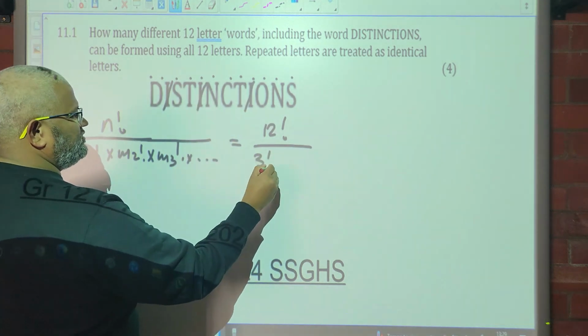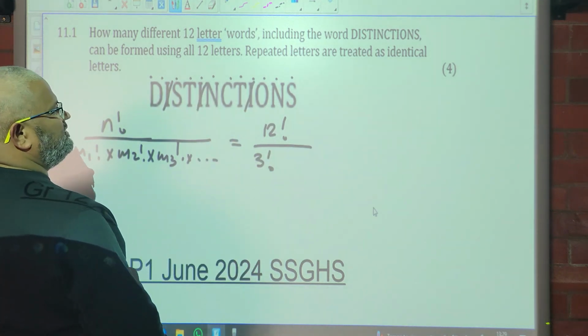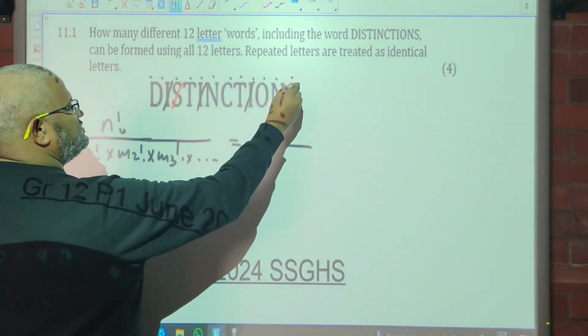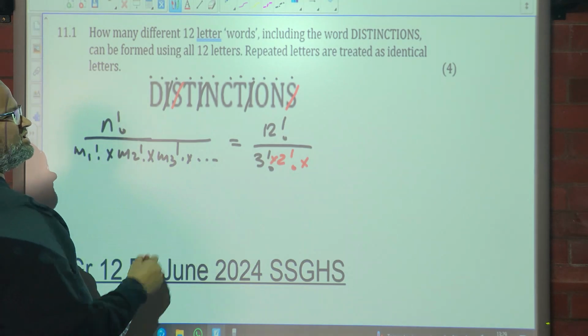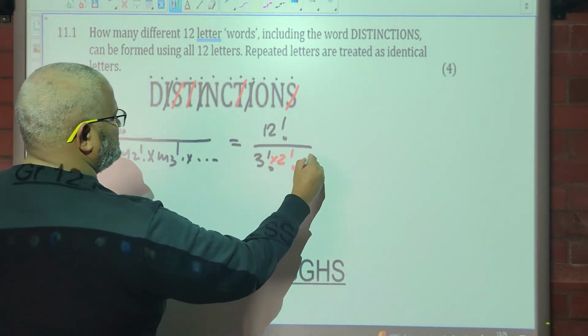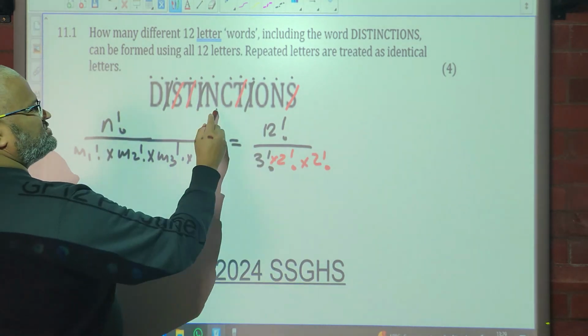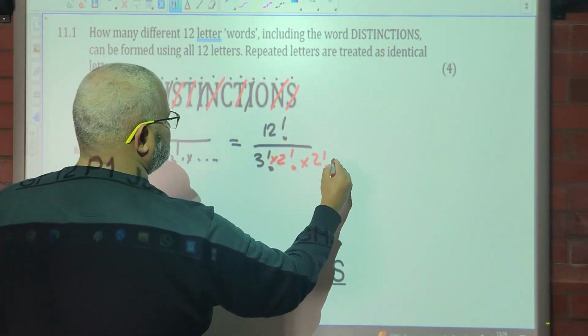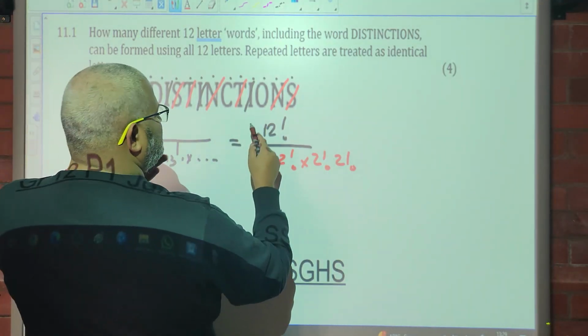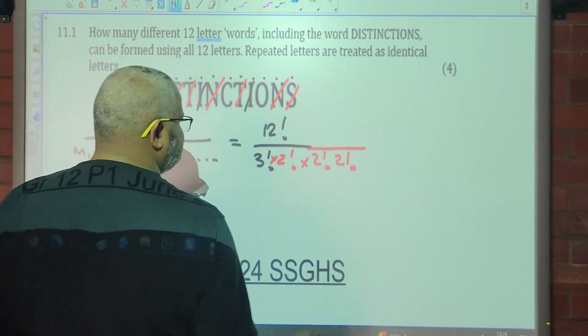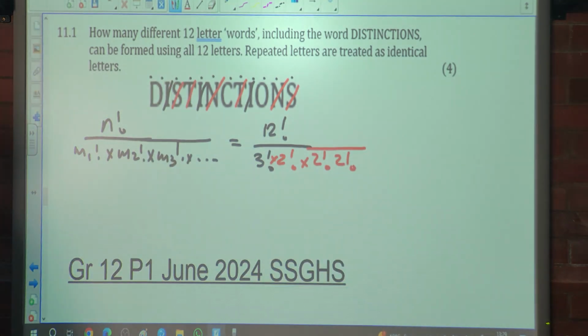So it's 3 factorial for the I's. How many S's are there? 2 S's. So it's 2 factorial. How many T's are there? 2 T's. So it's 2 factorial. How many N's are there? 2 N's. 2 factorial. How many C's are there? 1. How many O's are there? Can you see that, people?